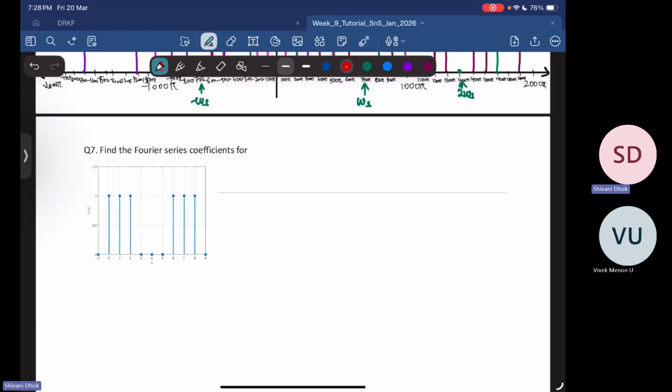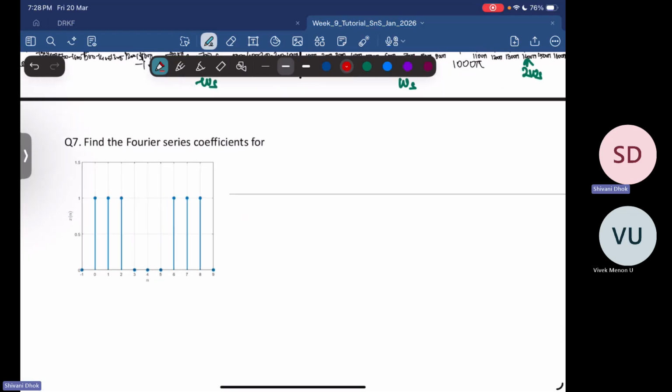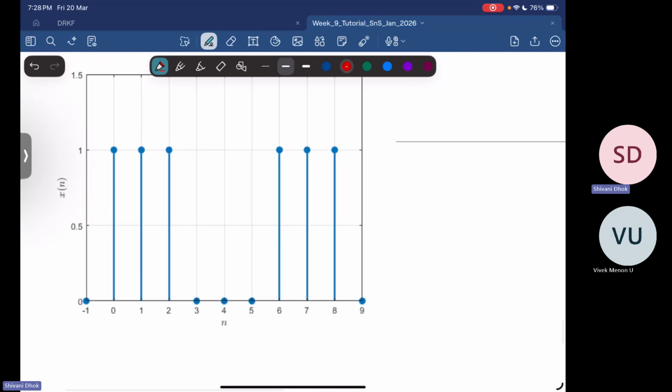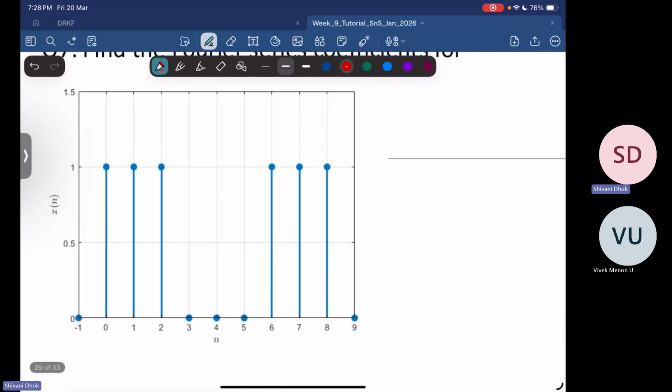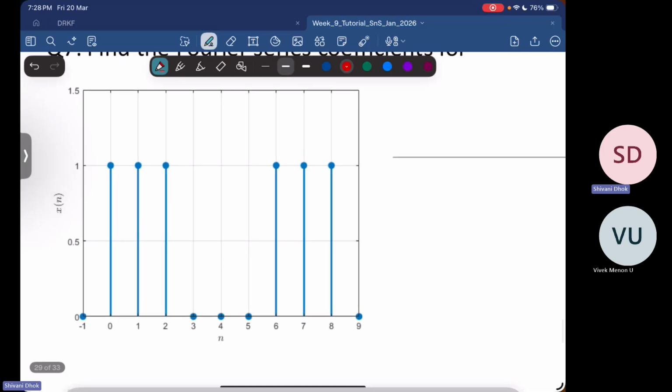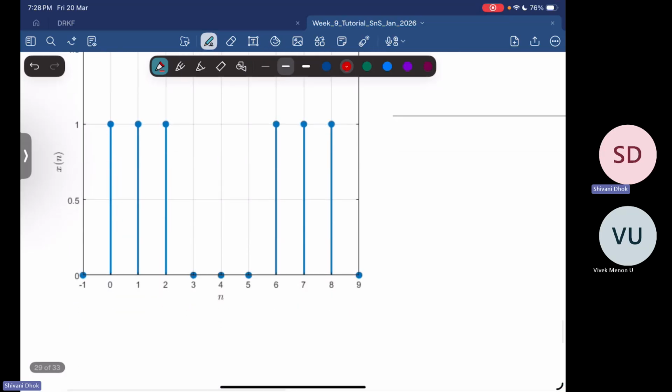So now again I will switch gears, and now we'll move on to the new concept that we discussed, and that was finding Fourier series coefficients or discrete Fourier series coefficients. So the first question here says that find the Fourier series coefficients for the x of n given to us here. So if you observe carefully, your x of n starts, let's say, at n equal to 0.